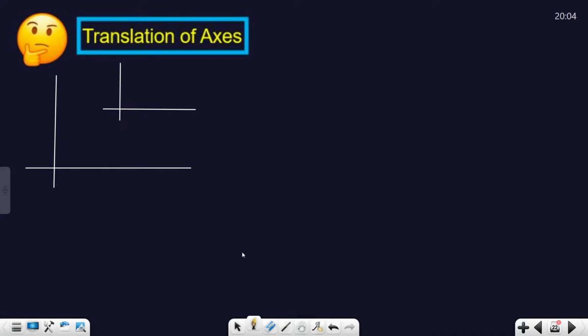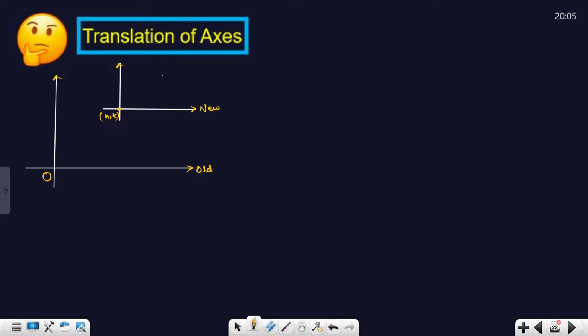Then what will happen? This is my origin. Let us say our origin has been shifted to this point, and the coordinate of this point is h comma k. And let us say this is our new system of coordinates, and this is the old system. This is old and this is new.